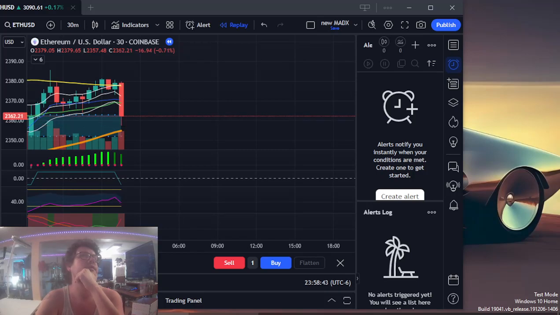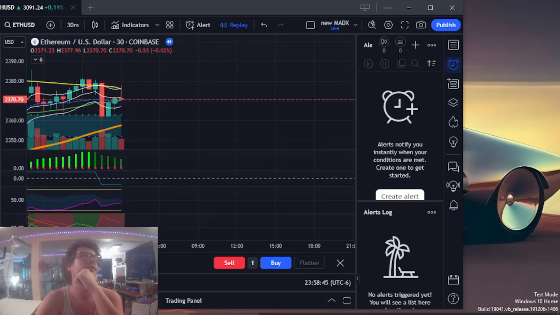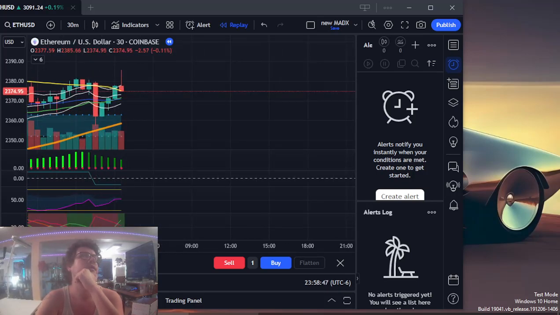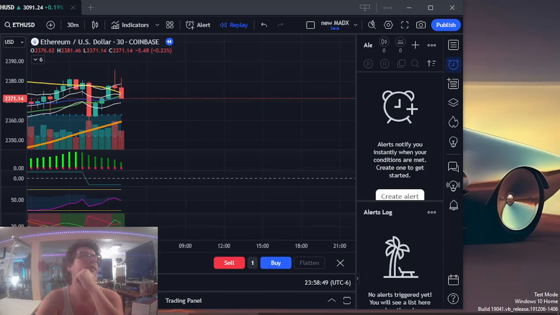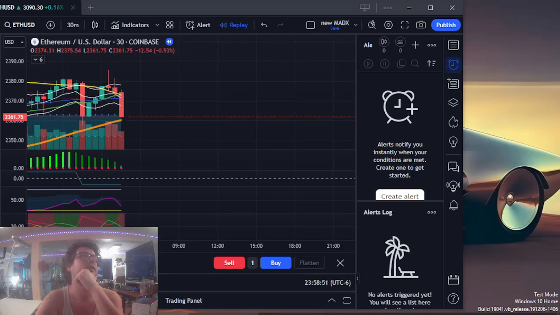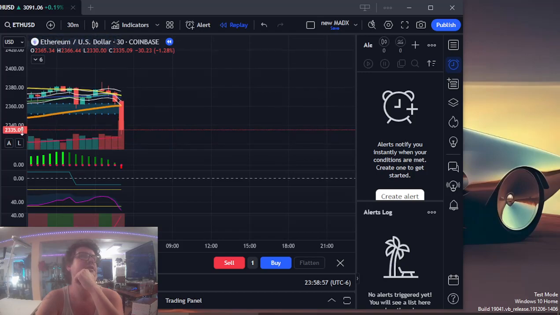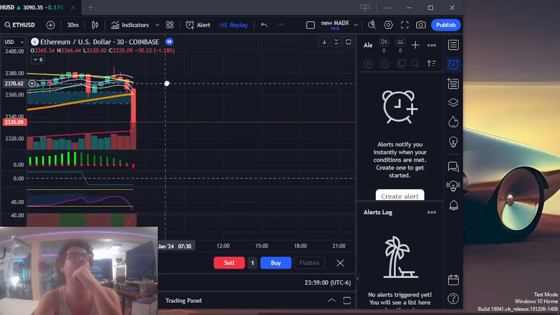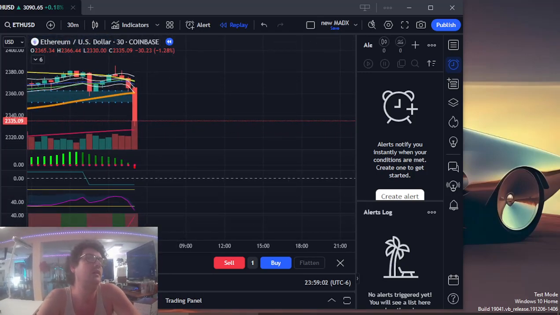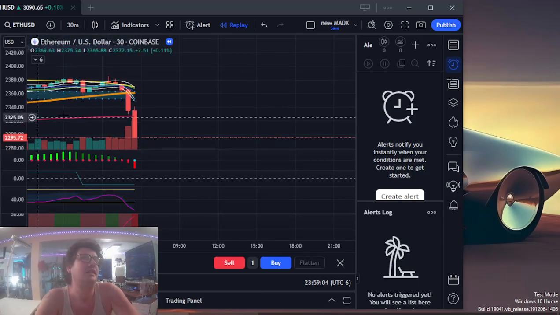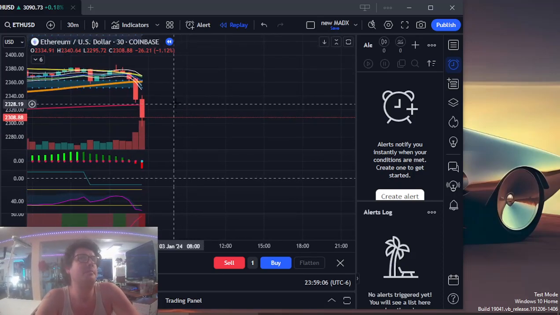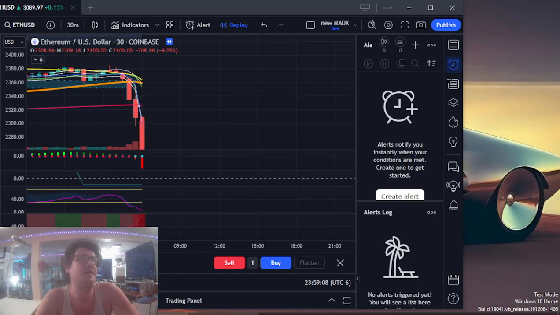Nope. Nope. Now this could be, well, no, we have the moving average in the way. Sometimes the moving average it bounces off of, sometimes it doesn't.